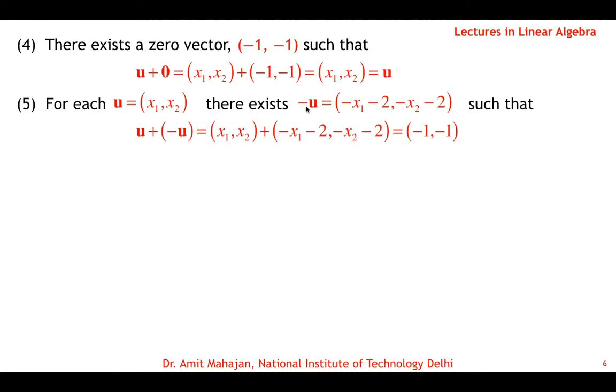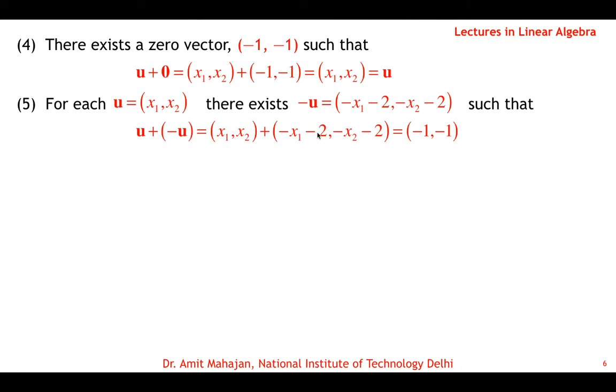Okay, so clearly you can see that for a vector u, minus u is not just adding a minus sign, but it is very different. So minus u here is minus x1 minus 2, minus x2 minus 2, such that this property is satisfied. u plus minus u means u is x1 x2 and minus u is this number.